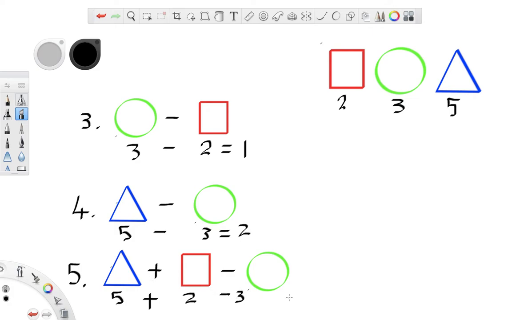So 5 plus 2, working that part out first, is 7, and then taking away 3, because we haven't done anything with that, so 7 take away 3, which is equal to 4.